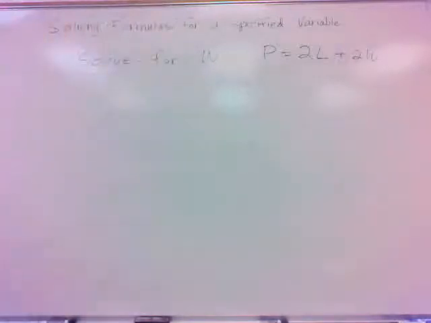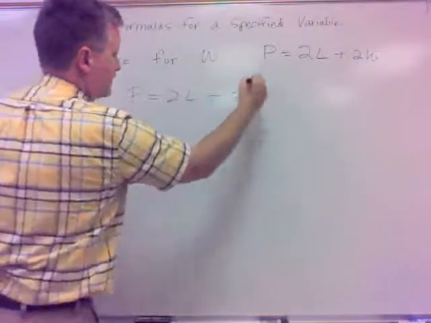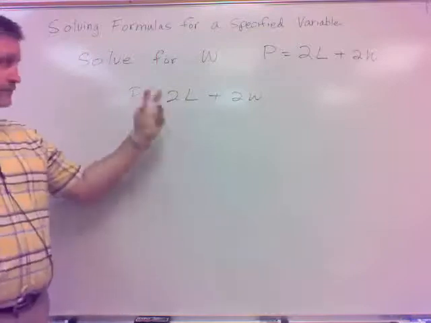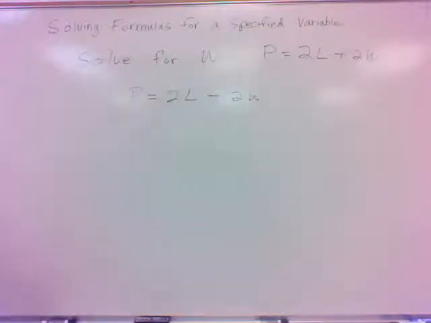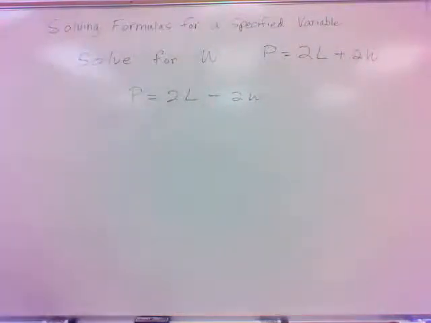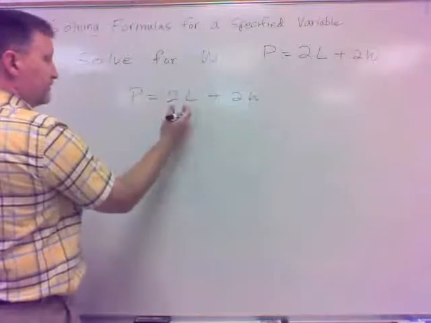So I want to rearrange that formula and make it solve for W. Well, the complication here is that on the right side, I have W, but I also have another term, the 2L term, on that side too. So we've got two terms instead of just the one term as previously we had. And so when we have that, you're going to want to get your term that has the variable you want by itself. So I need to get rid of the 2L term.